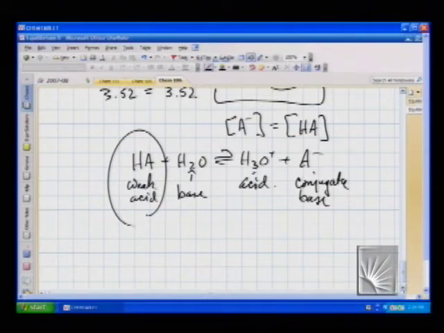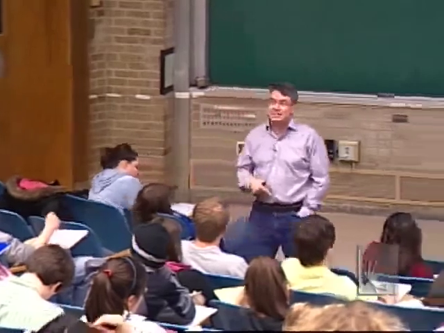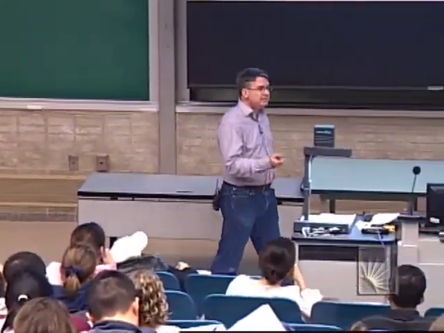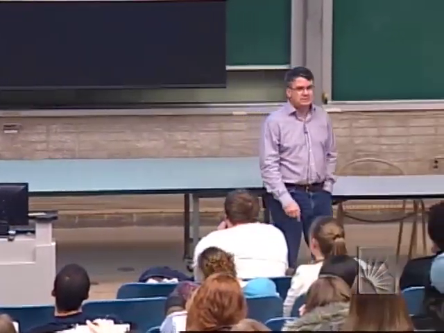Well, there's our water. Where's our water? Acid plus base, HA plus H2O, gives me a salt. Where's my water? Doesn't an acid plus a base equal a salt and water, Thomas? I'm sorry? Water is going to be amphoteric. It can be either an acid or a base. But if we learned way back when that an acid plus a base equals a salt and water, where's water as the product?